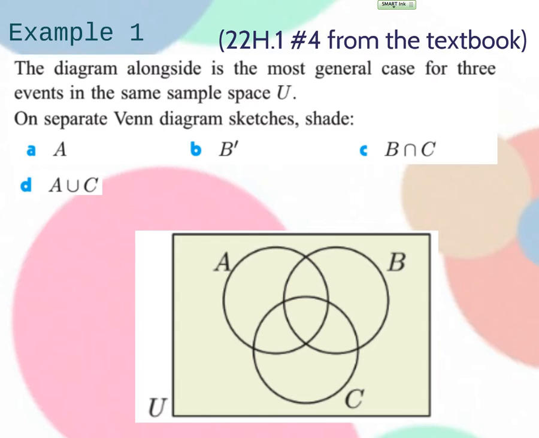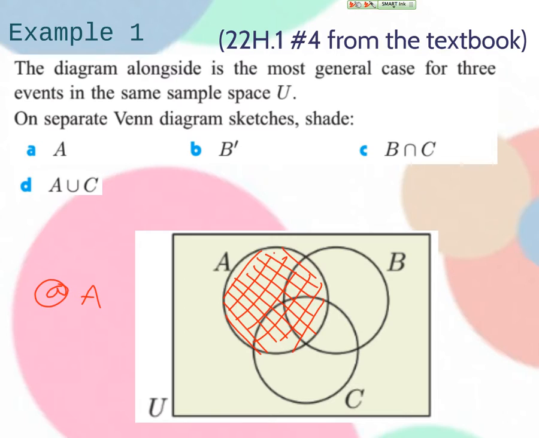So if I'm shading in A, what do I have to shade in? The whole A circle. So this is A for part A. That whole A circle is what's in A. So anything in this circle will be that event, whatever that happens to be.